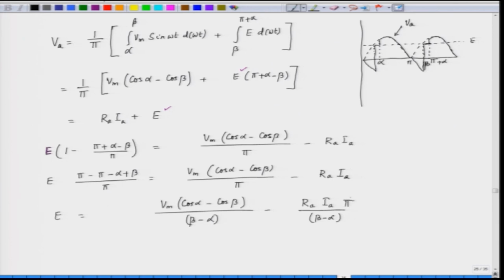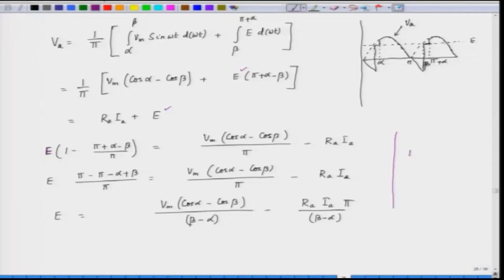Now, this is an equation from which we can get the relationship between the torque and the speed. We have also known in the previous lecture that the back EMF is given as k phi omega m. Torque is k phi IA. So, we can substitute for the current IA as T by k phi.